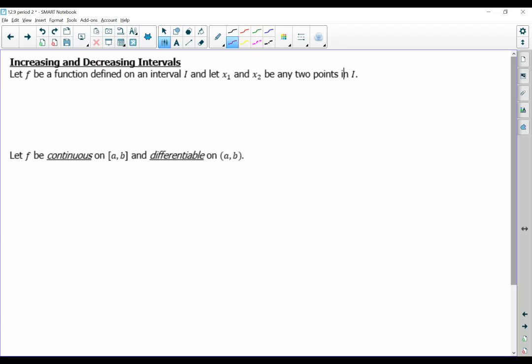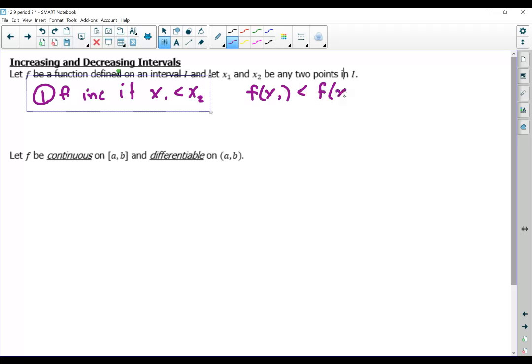if I wanted to talk about f of x increasing, first of all, let's define f of x increasing. f is increasing if for any x that comes before another, its height is less than the height of the second x. The first x is lower than the second x. That's the definition of increasing from Math 4.